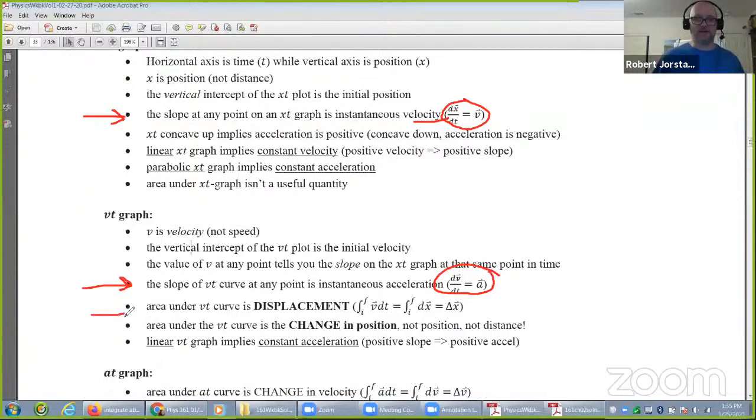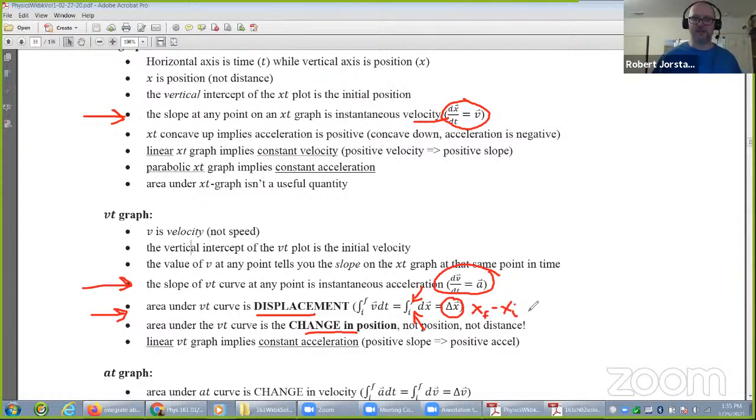The area under a v-t curve is not position. It's displacement, or change in position. It's delta x. When you stick in those limits from initial to final, you do not get x. You get delta x, x final minus x initial. That's kind of our warm up.